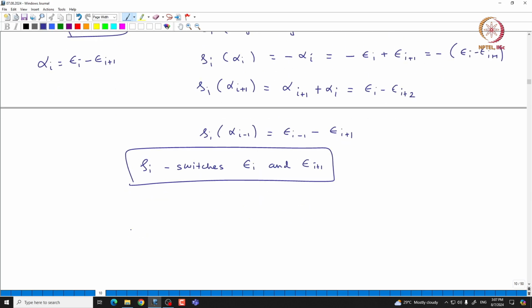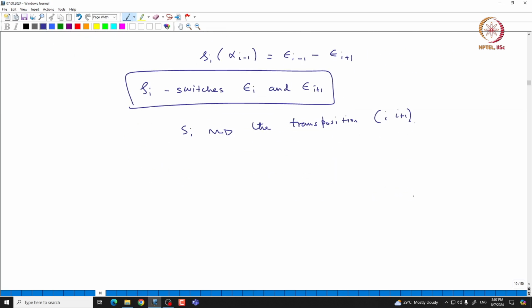Okay. So, that means S_i corresponds to the transposition (i, i+1). Now, if we take the subgroup generated by S_i, where i ranges from 1 to n, inside your GL of h star, then naturally one can identify this with S_{n+1}.